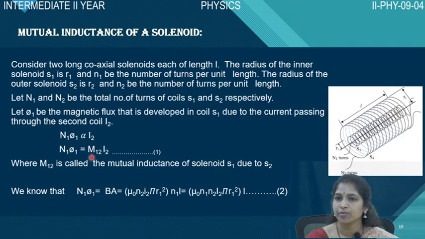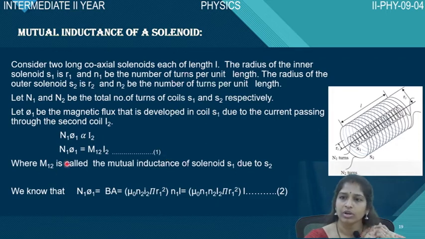So M12 is the mutual inductance of solenoid S1 due to S2. Due to the current passing through S2 only, flux is developed in the solenoid S1. That is why this constant is M12. Consider this as equation 1.